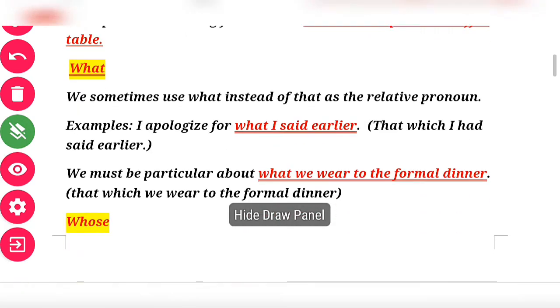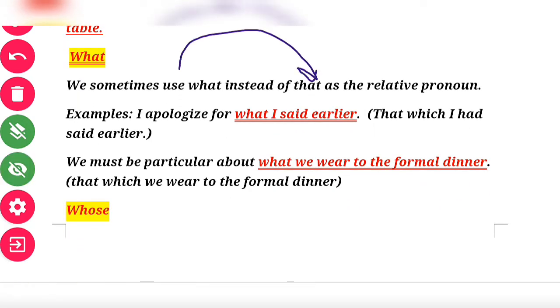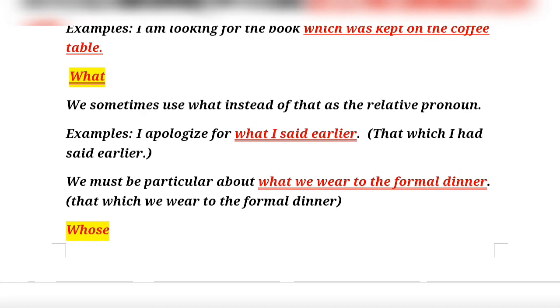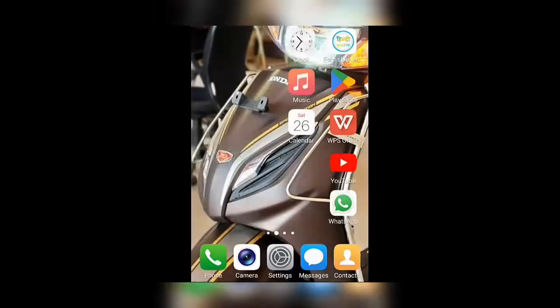Next is what. We sometimes use what instead of that. So in the place of that, we sometimes use what as a relative pronoun. I apologize for what I said earlier. What I said, that I said. We can also say that I said, but here what is suitable. So in the place of that, we can use what also.